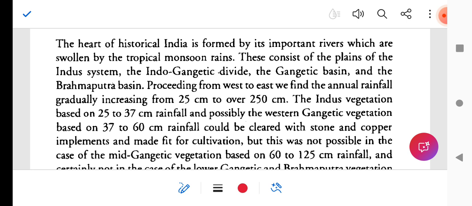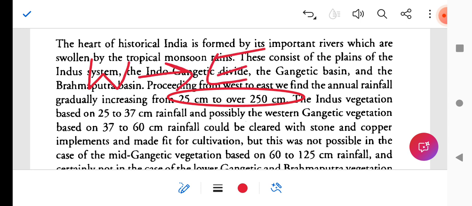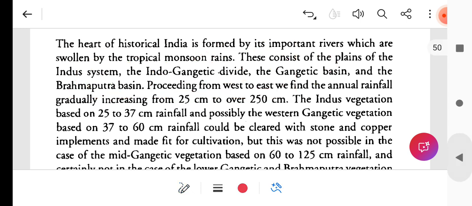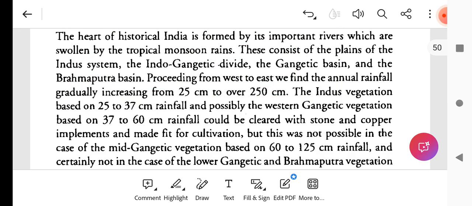Proceeding from west to east, we find the annual rainfall gradually increasing from 25 centimeter to 250 centimeter. As we know, when we go from west to east, most of the population inhabits the eastern side of the country, because in the eastern side there is more rainfall, more fertile land, and more agricultural production as compared to the west, because the west has less rainfall and less population.